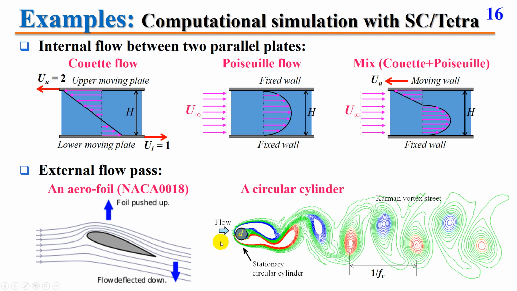When the cylinder is fixed, we can see the Karman vortex street appear behind the bluff body. We visualize the Karman vortex street, and the phenomenon of this flow is unsteady, so we will set up an unsteady simulation for this problem.